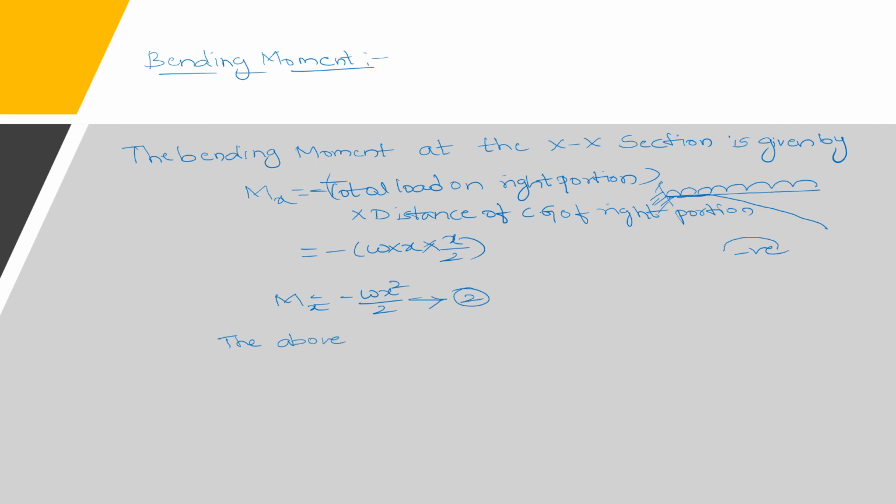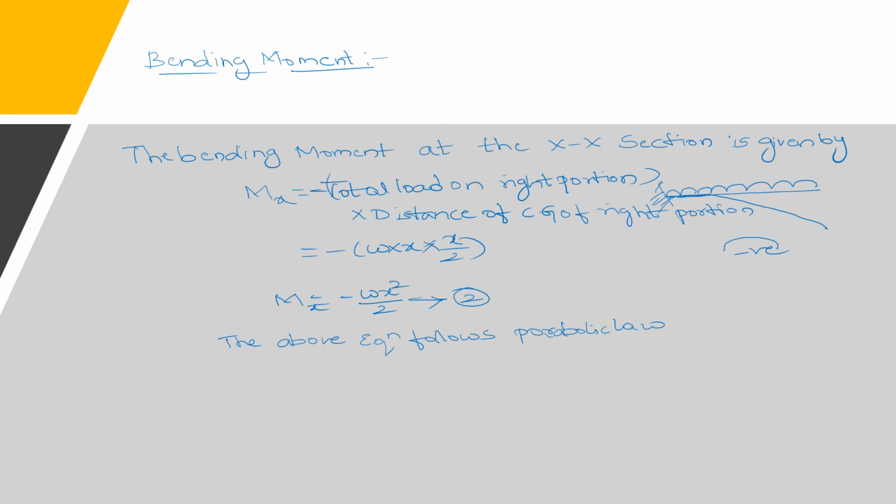Here the square indicates parabolic law. Means in the bending moment diagram, we have to draw a parabola.